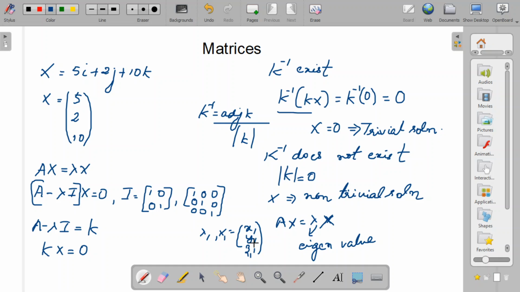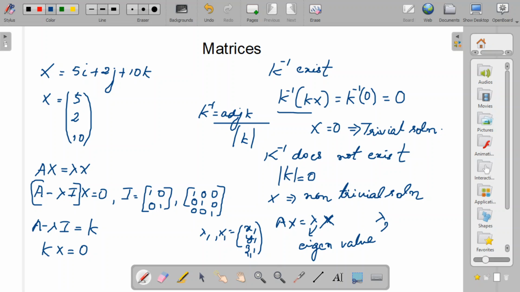Then I can call that vector corresponding to the eigenvalue lambda 1 the eigenvector corresponding to the eigenvalue lambda 1. Lambda need not have only a single value; eigenvalues can be different.